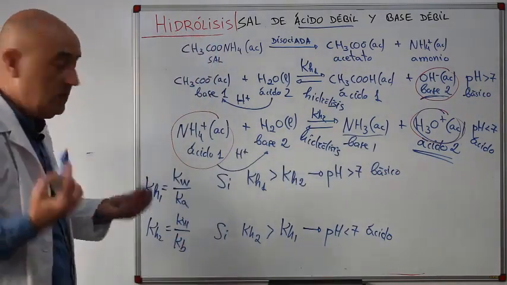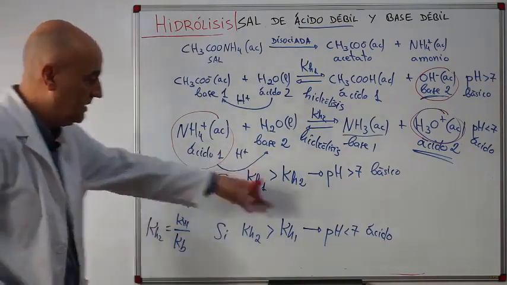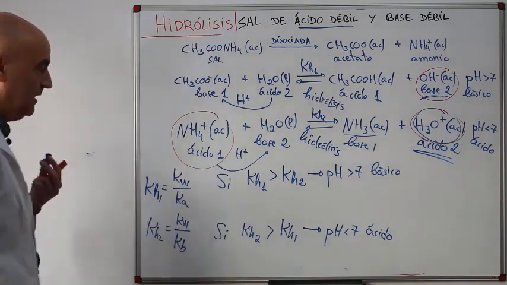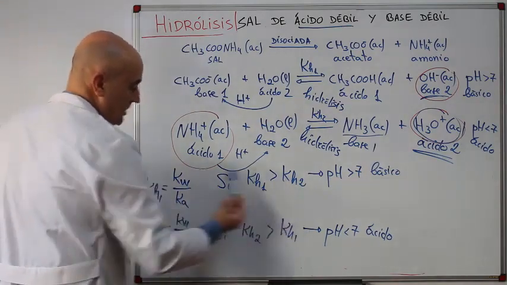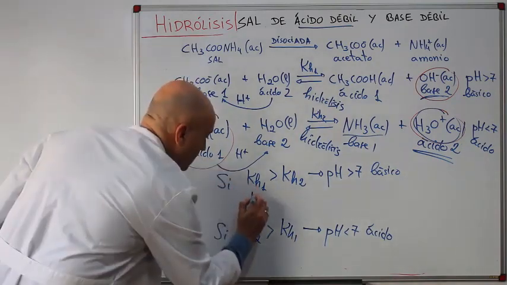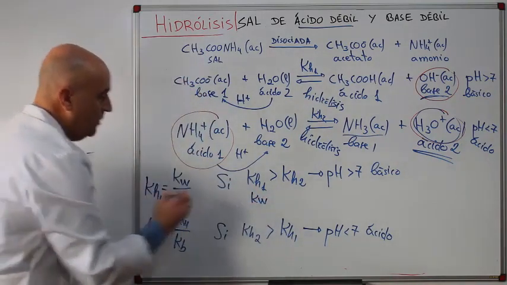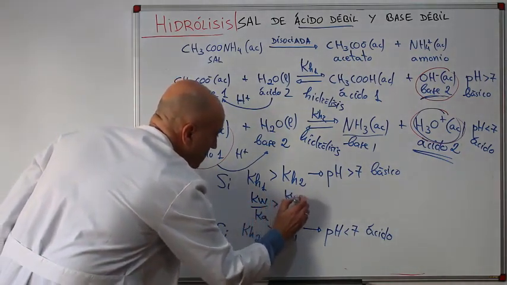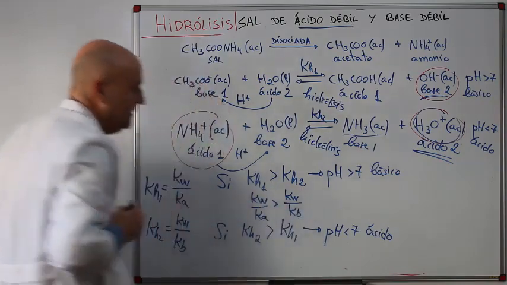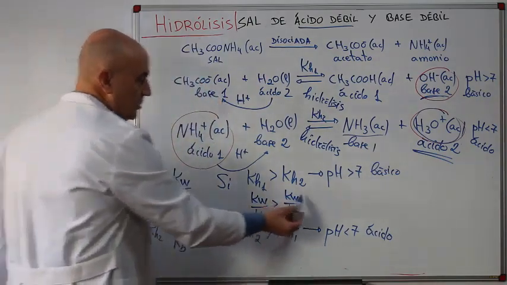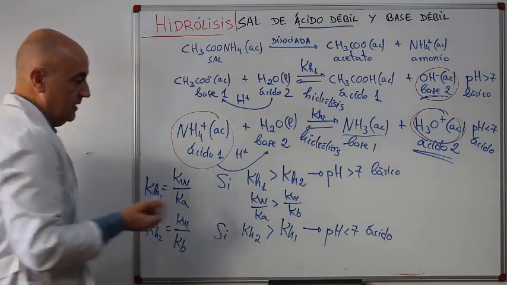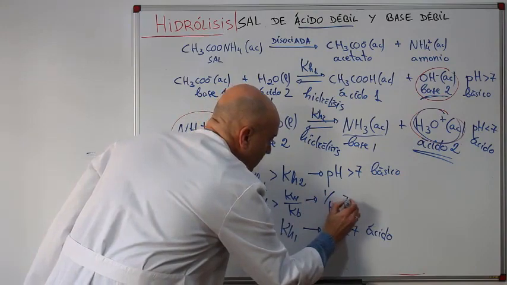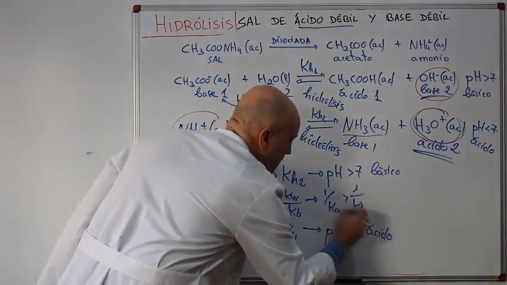And why do I want this? Well, I could calculate the constants and see who wins, but without needing to calculate them, I can see from the data who's going to win. If I assume that hydrolysis constant 1 is greater than 2, it implies that the ionic product of water divided by the acidity constant must be greater than the ionic product of water divided by the basicity constant. Let's forget about the ionic product of water: 1 over the acidity constant must be greater than 1 over the basicity constant.